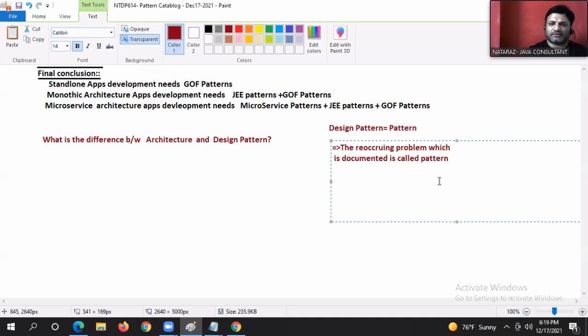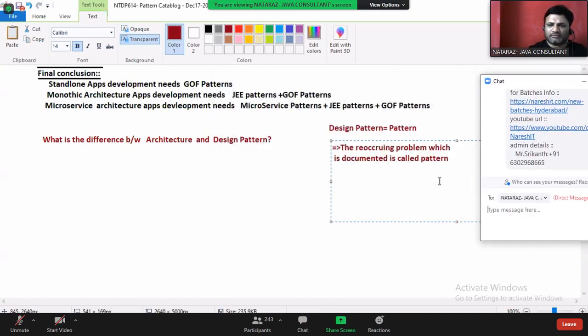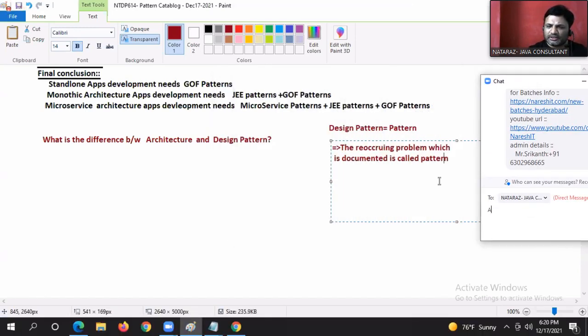Pattern. The reoccurred problem and its solution, which is documented, is called pattern.